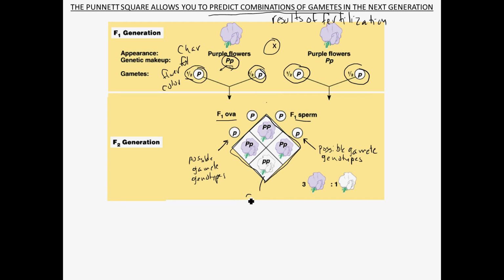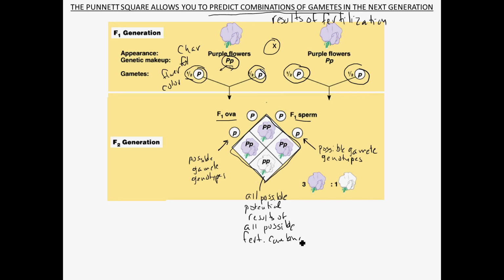So these show you all of the potential results of all possible matings, or all possible fertilization combinations.